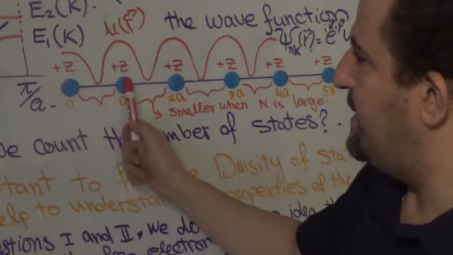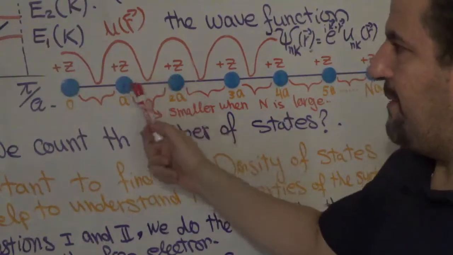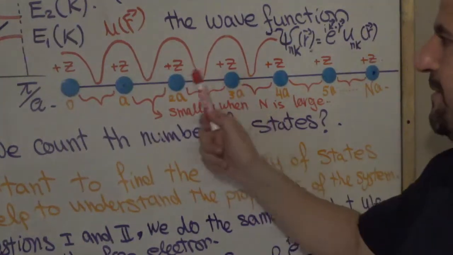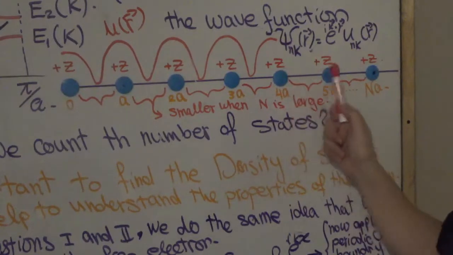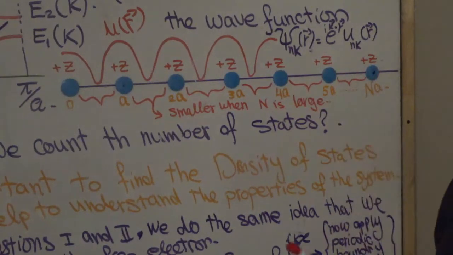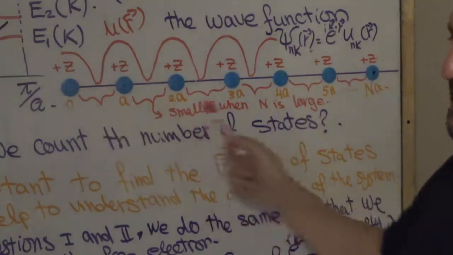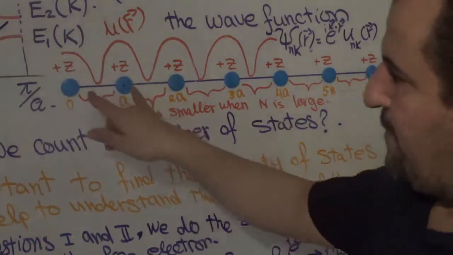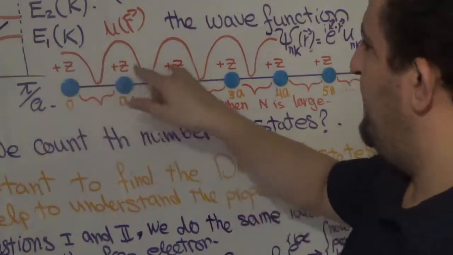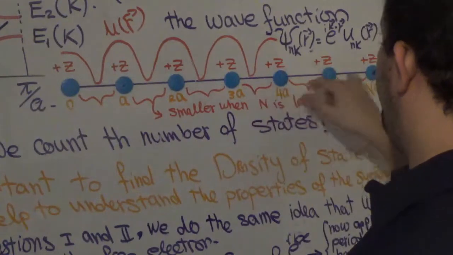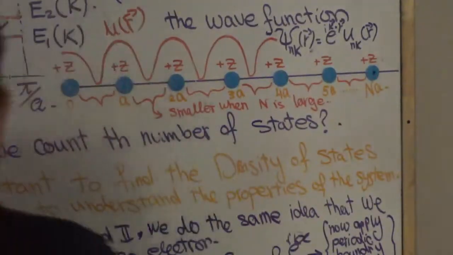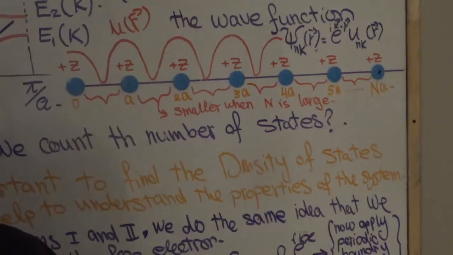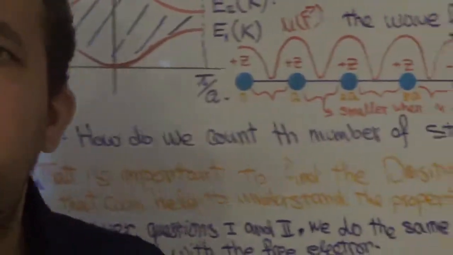This is a unit cell, this is another unit cell, and another, and another, and so on. According to what I have right here, I have 1, 2, 3, 4, 5, 6. So I have 6 unit cells in this one-dimensional lattice. That is very nice.